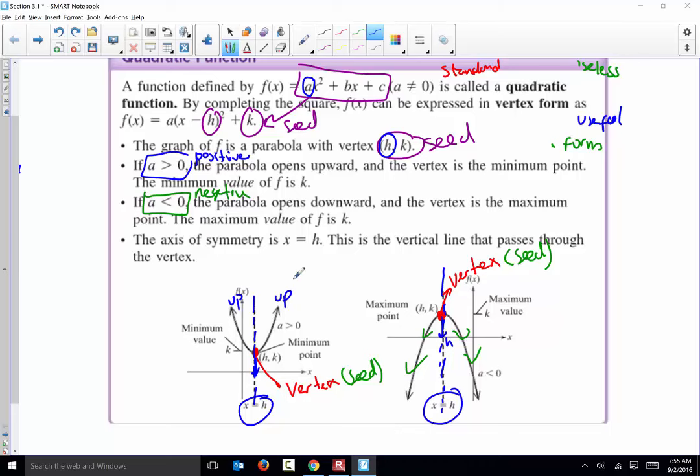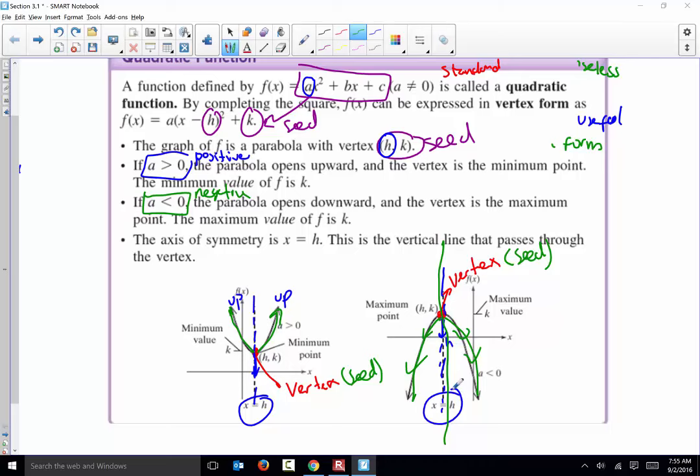It's called axis of symmetry because this line slices your entire parabola into two equal halves. Look, this half and that half are equal. They are symmetric. When you fold the paper along that line, those two branches just coincide, overlap, right? Same way here, the left piece and right piece are symmetric, identical, equal halves when I split apart this parabola along this x equals H line.